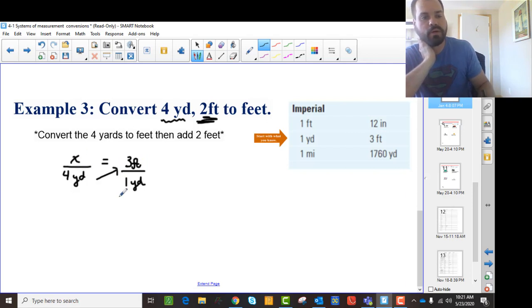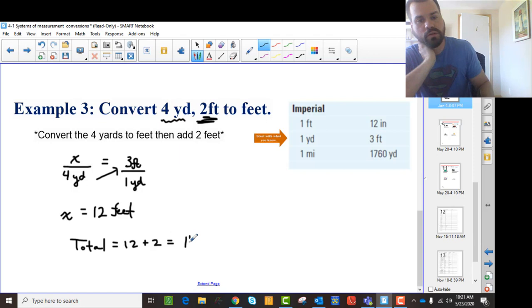We're going to multiply up. So x is 4 times 3, which is 12 feet. Then we take the 12 feet that we found and add the 2 feet that we already have. So 4 yards 2 feet is 12 feet plus another 2 feet. It's 14 feet total.